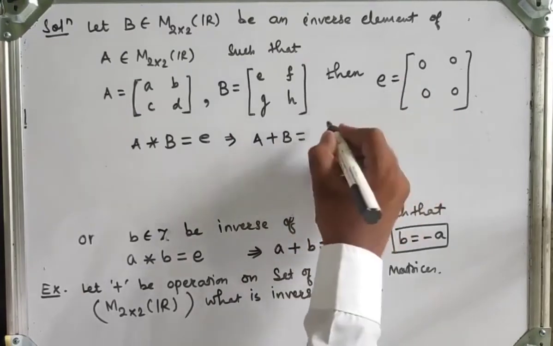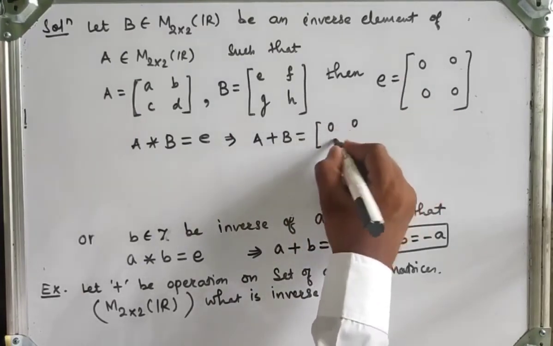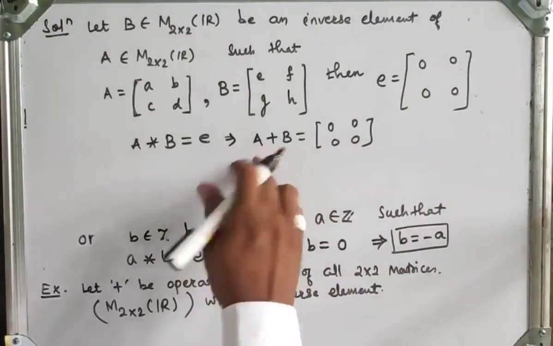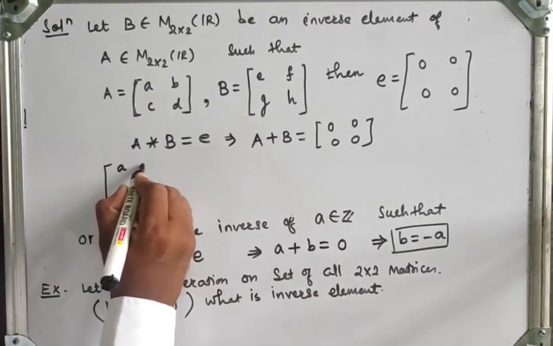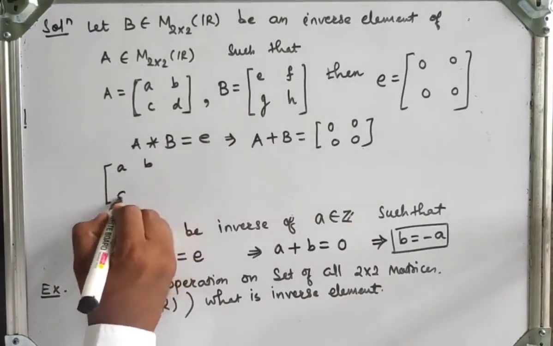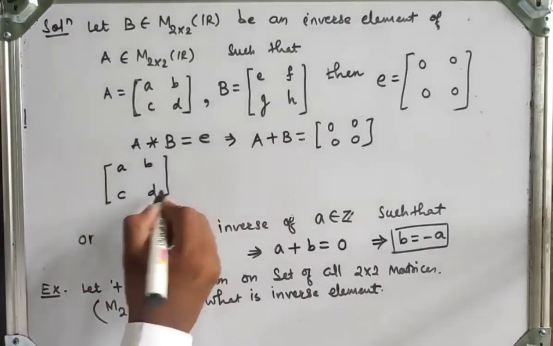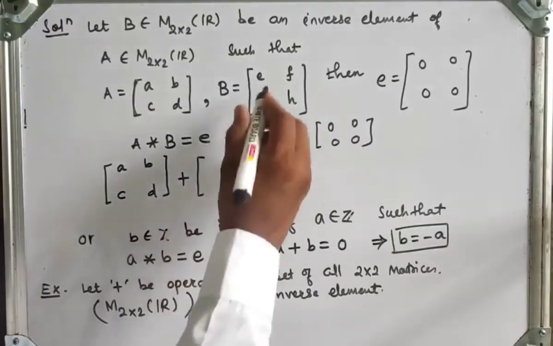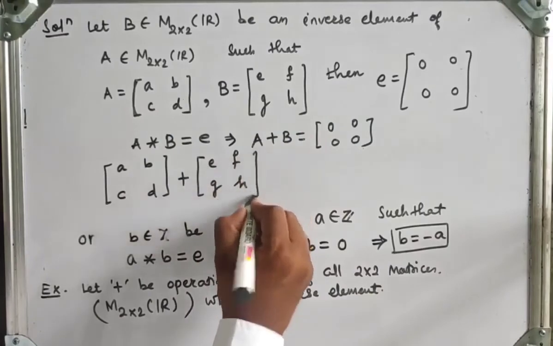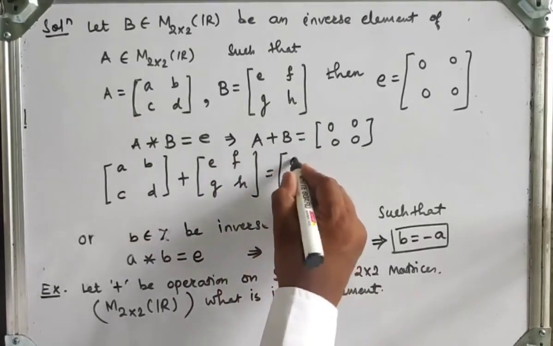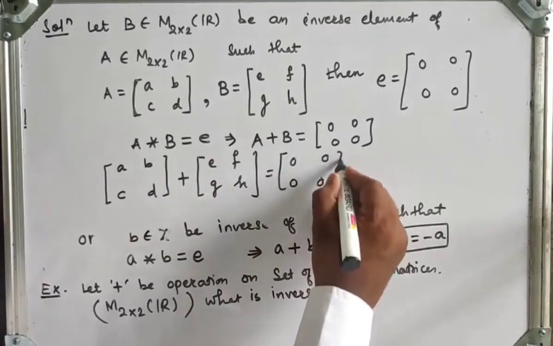What is the identity? 0 0 0 0. Now write the set: A B C D plus E F G H is equal to 0 0 0 0.